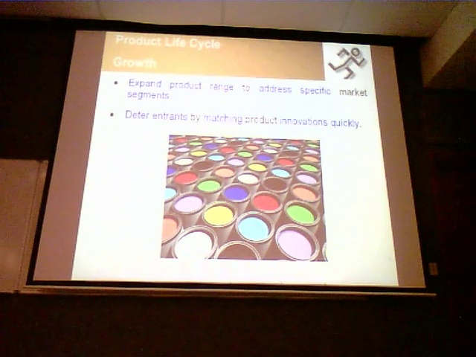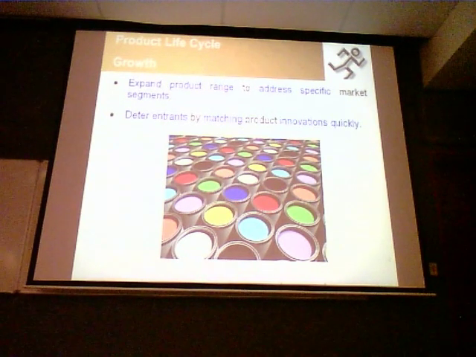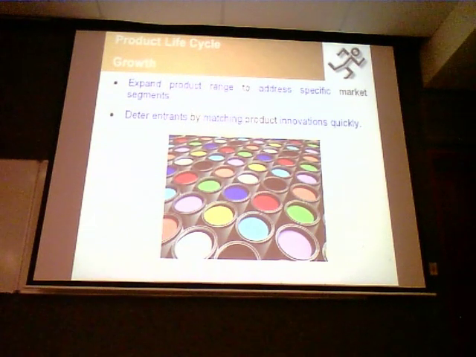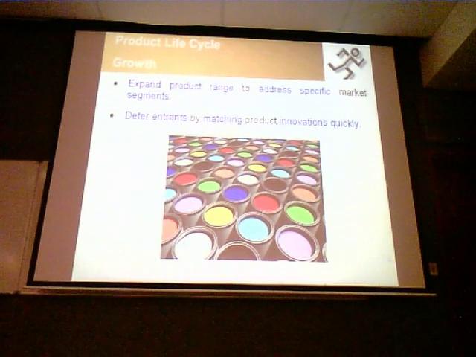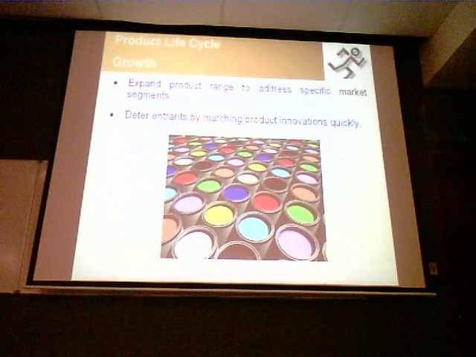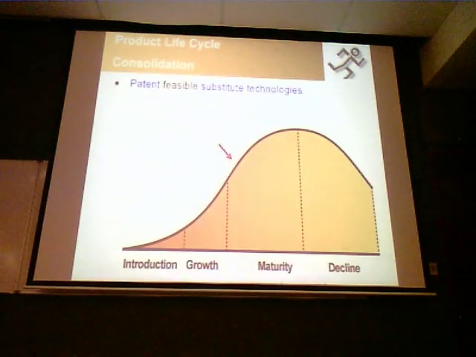At this stage, what most companies do is start to expand their product range to fill up all the little niche segments and put in new sizes and new colours into their product range. Now, as we go a bit further up, we get to consolidation. Most companies will start to look at all the substitute technologies, other technologies that can wipe out your product, and start patenting those.